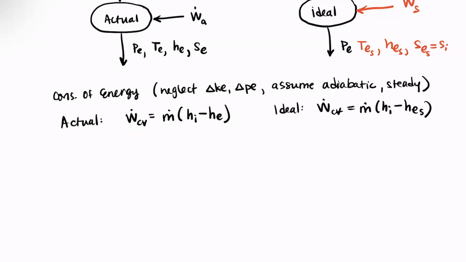Now remember, W dot for our control volume is outlet work minus inlet work. So we have minus W dot A is equal to m dot (hi minus he). And then W dot S, which is negative, is equal to m dot (hi minus hes). Okay.